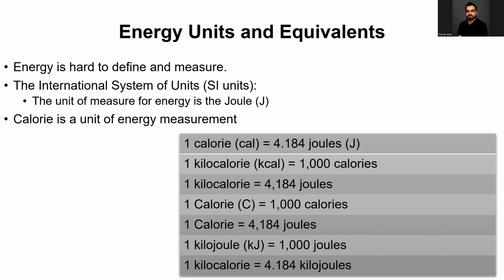But the pounds, inches, feet, these are other types of units that are commonly used in the US. So I want you to remember the first one. 1 calorie is 4.184 joules or 4.2.